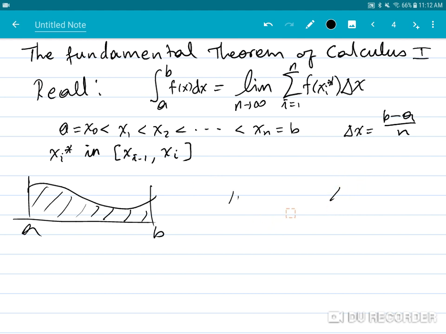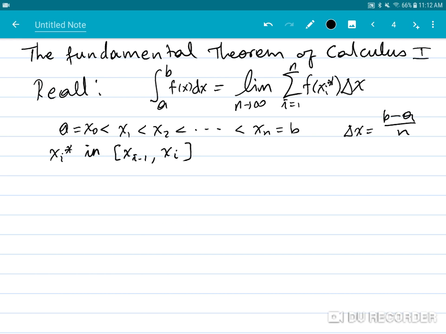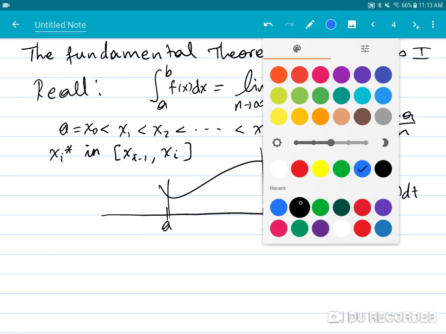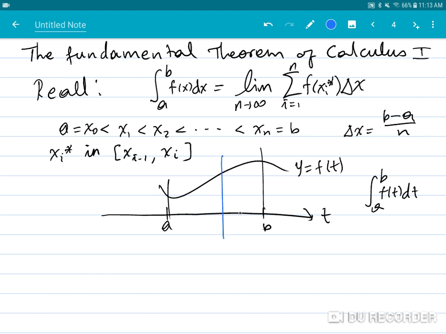Now, having this reminder, what if we want to calculate the integral? Let's say this is a t-axis, from a to b, and we have the function y given as a function of t. So we can do the integral from a to b of f of t dt. However, somehow we decide to put a point x from a to b.